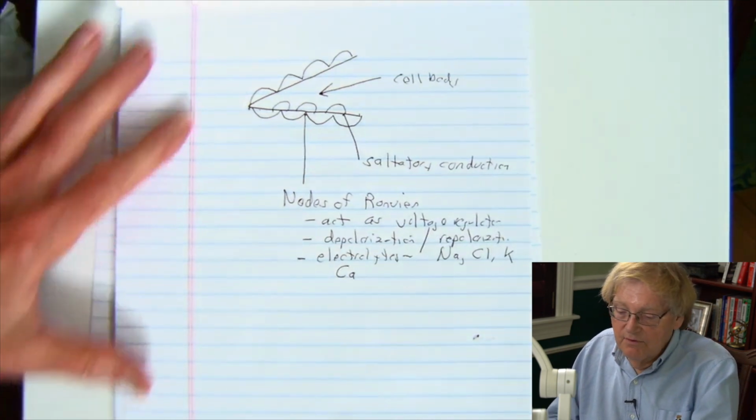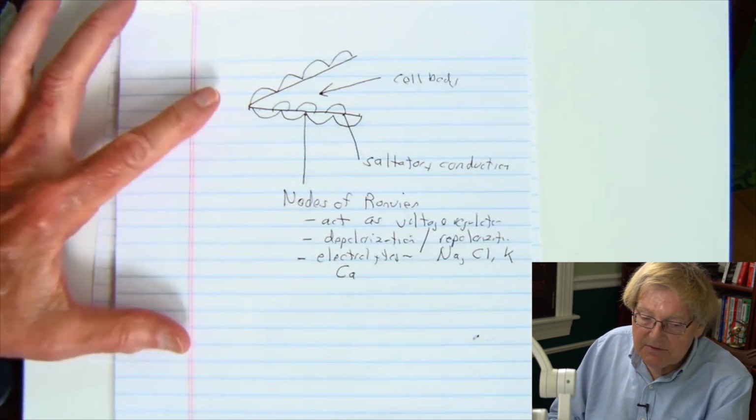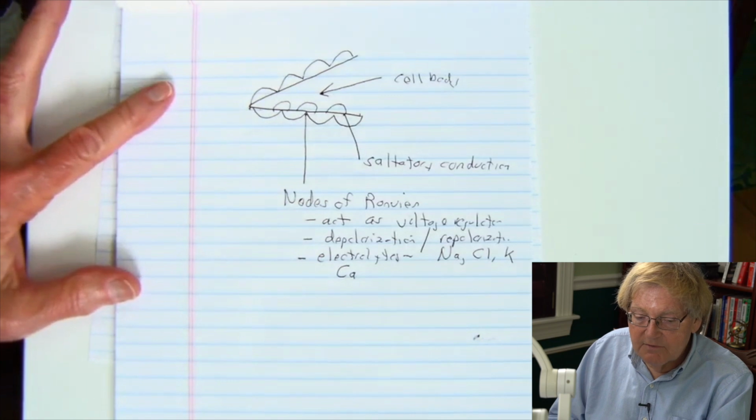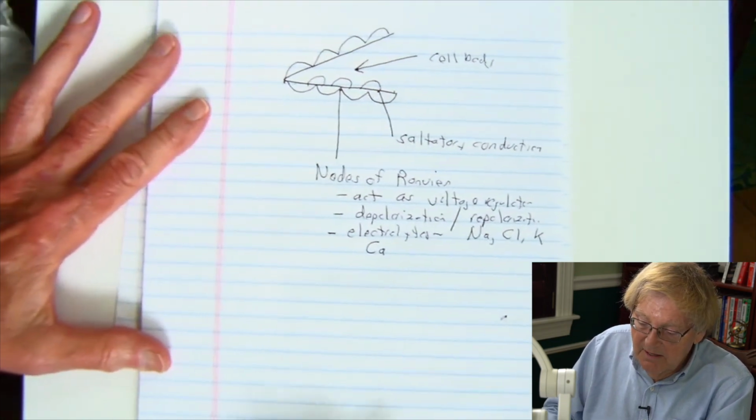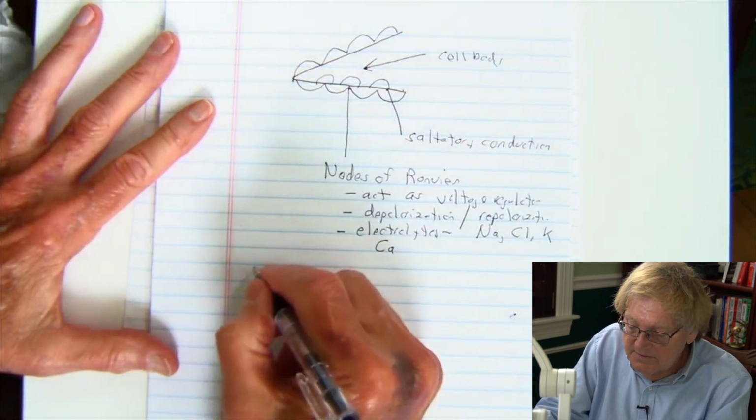So now that we know a little bit about how this works with this concept of saltatory conduction, the first thing we want to talk about is the different types of neurons.